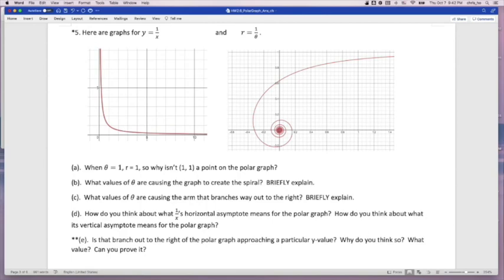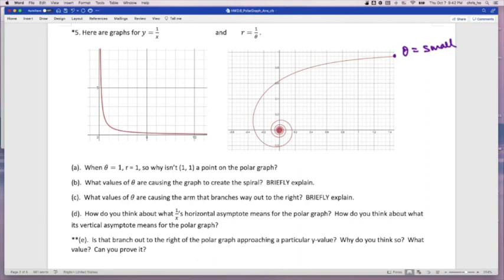So you can imagine when theta gets very close to 0, that means r is approaching infinity. This point may be counterintuitive; this is when theta is very small.